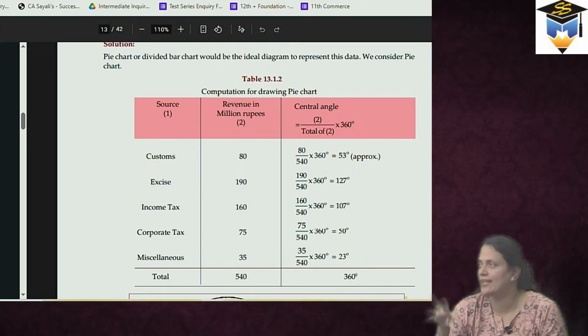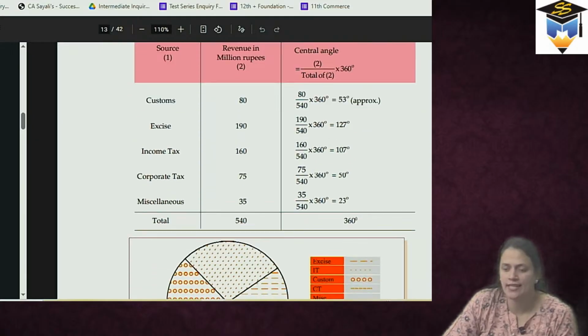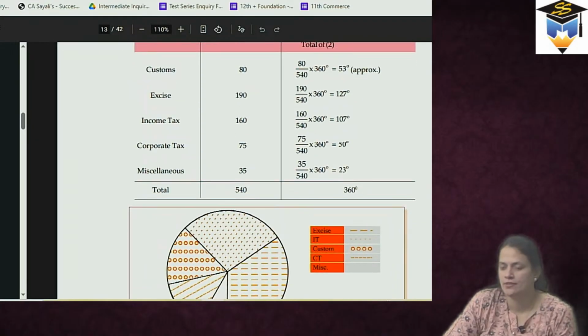So please draw this diagram. Drawing this diagram is very important. So as you can see, you have to do all these calculations, find out the degrees, and then while drawing the pie chart, I'll show you what is to be done.